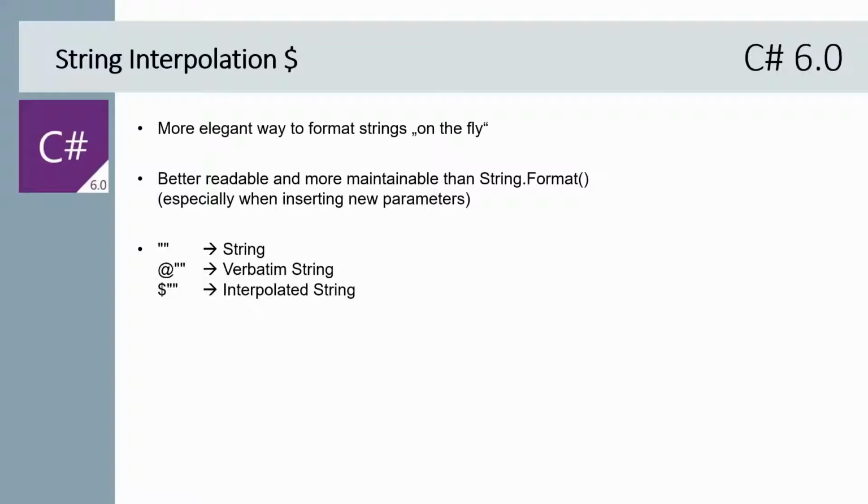Okay, the first thing I want to talk about is string interpolation. String interpolation is a new way to format strings and insert certain dynamic objects into a section of an otherwise static string.